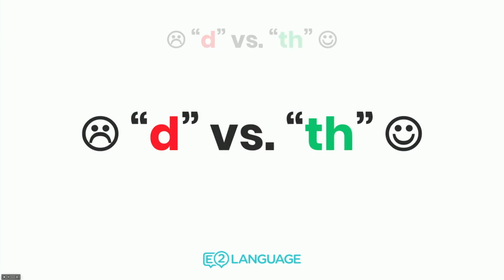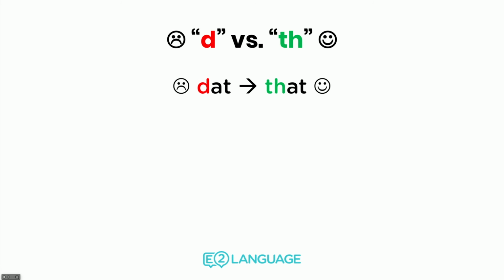Again, it might feel weird for you to do this, it might seem strange, but for my ear, the native speaker, it's like, yes, that's perfect, well done, I can understand you. So, don't say dat if you're trying to say that. Dat, that. Don't say da if you're trying to say the. Da, the.